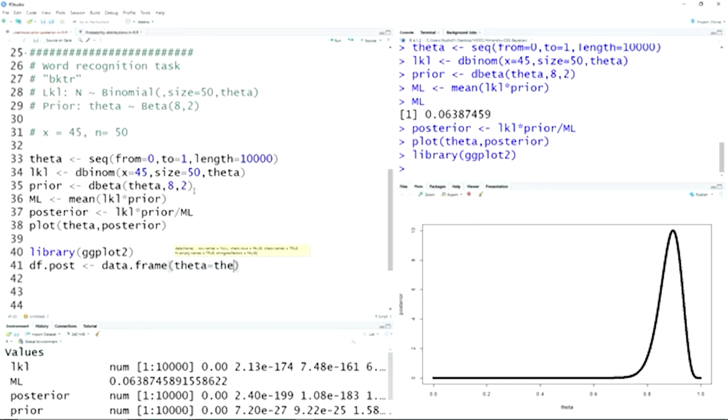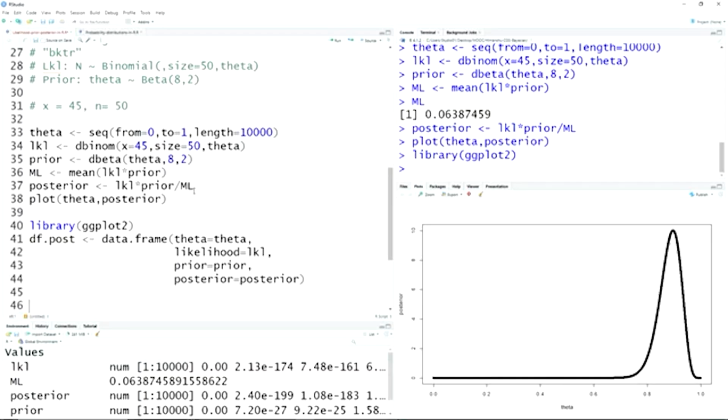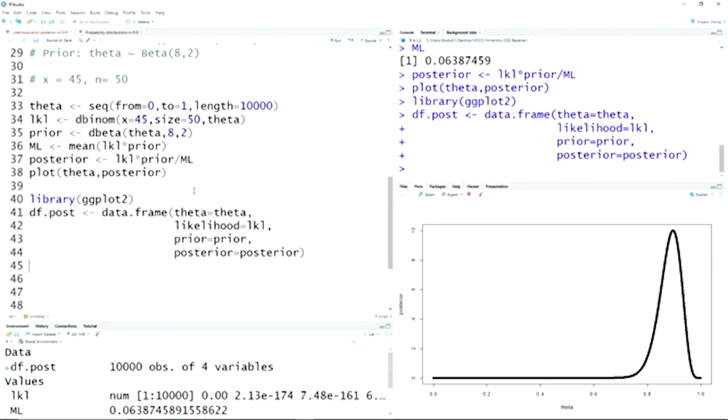So this data frame would have theta equals theta, likelihood equals LKL, prior equals prior, and posterior equals posterior. Okay, so this is my data frame.